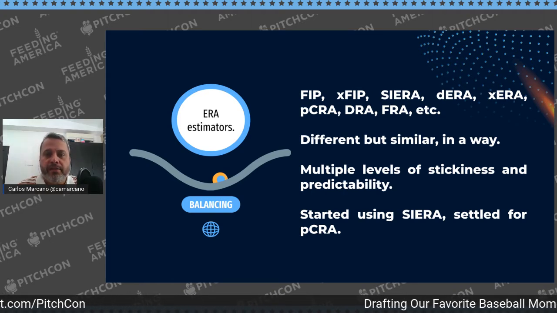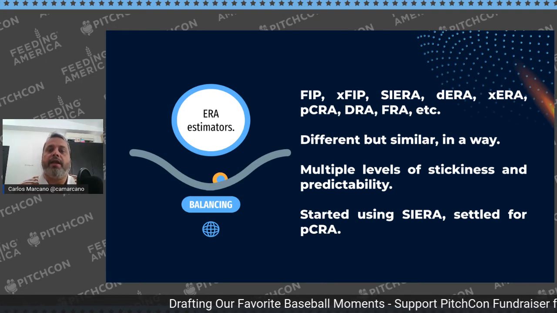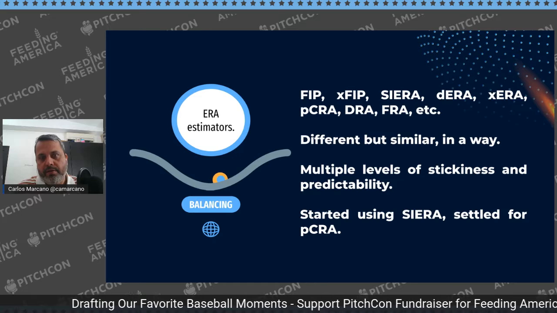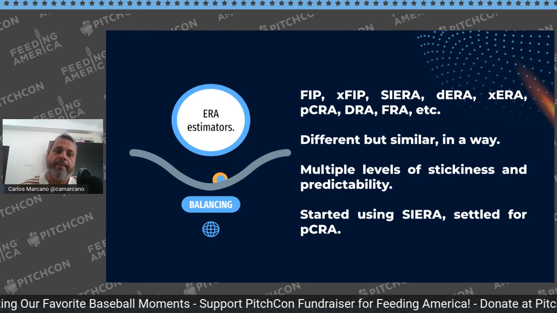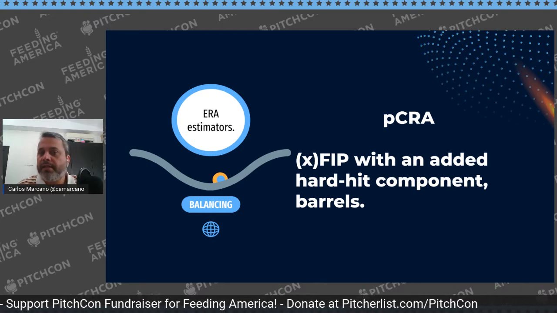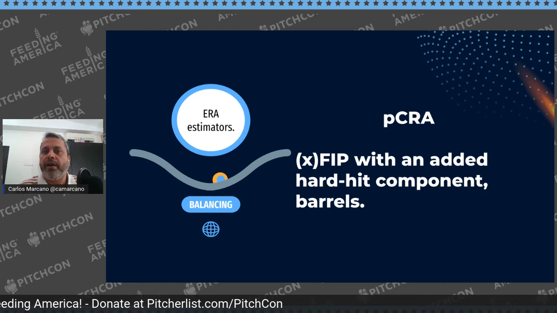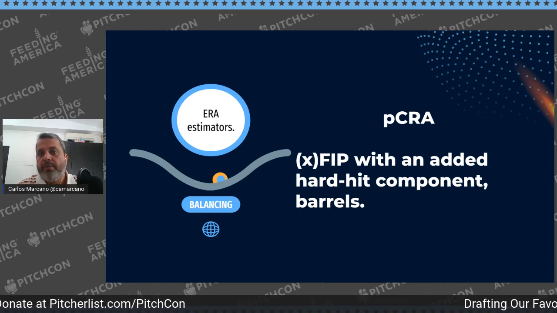So I did testing with it, and unsurprisingly, it helped a lot in the formula. The great thing about PCRA, as I said, is that it's like an xFIP with an added hard-hit component, which are the barrels.